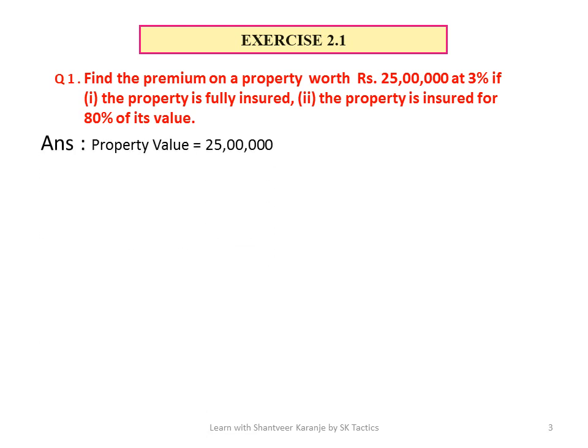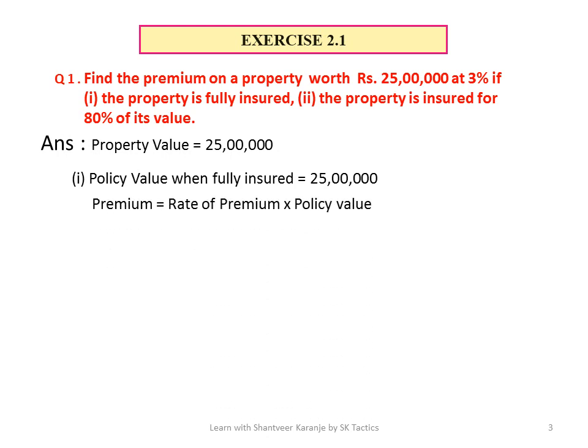Answer. First I write, given property value is equal to 25 lakh. For the first case, given that the policy is fully insured, property value is equal to policy value. So policy value when fully insured is the same, 25 lakh.